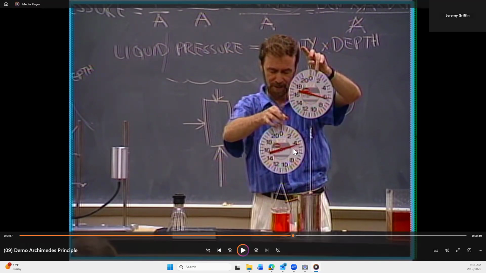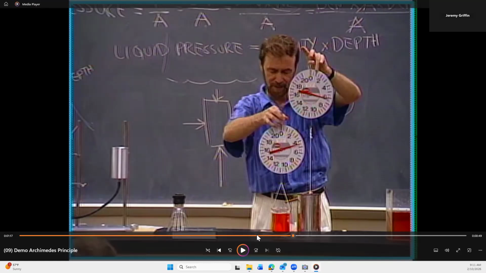Yep. Right. And the empty container was 1. So how many newtons did this one pick up? 4. This one picked up 4 newtons. This one over here lost 4 newtons. You guys see it's the same? It's the same, right? So what he's trying to show is that if something's submerged in water, in this case, that buoyant force that's pushing up on this weight, the magnitude of that force, in this case 4 newtons, is exactly equal to the weight of the water displaced, right?